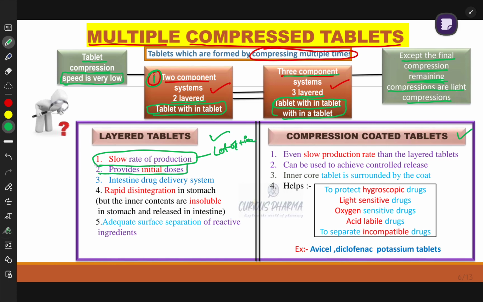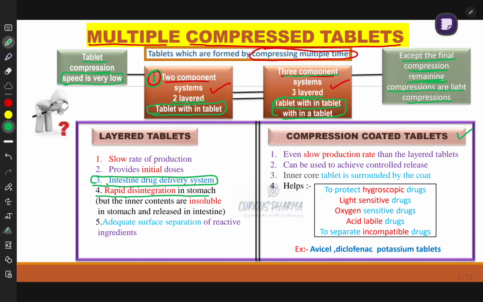It provides initial doses. That means prolonged usage and the preparation of these types of tablets can be done for intestinal drug delivery systems also. Since we are using different layers, if we add enteric coated polymers in one layer, then it will be used for the release of the drug in the intestine.